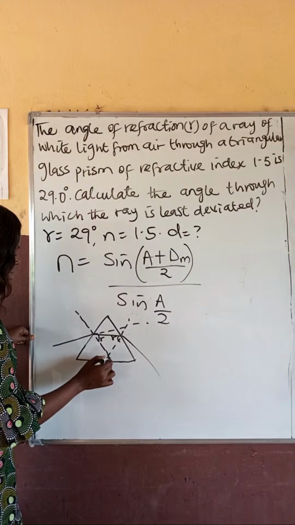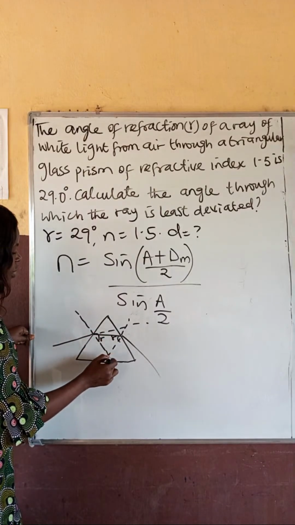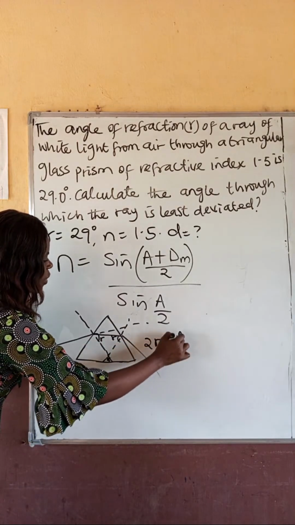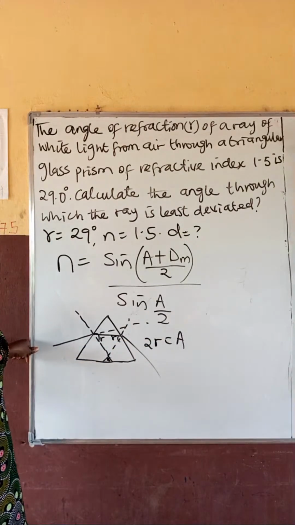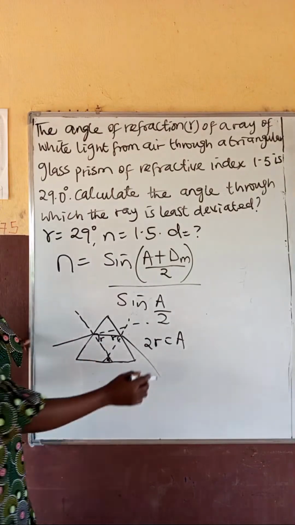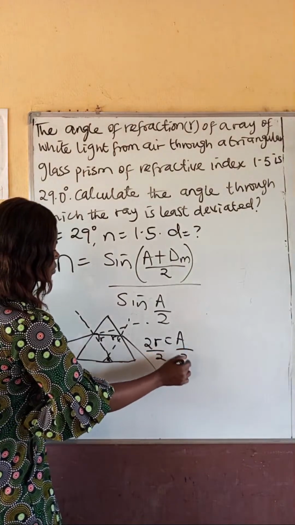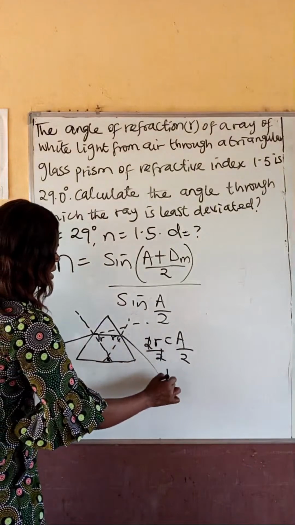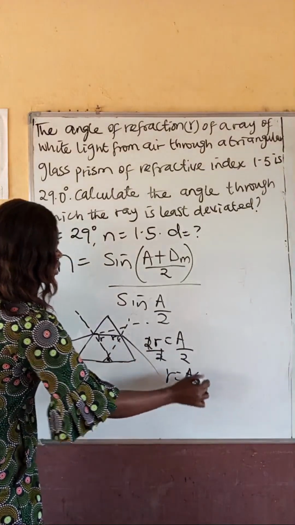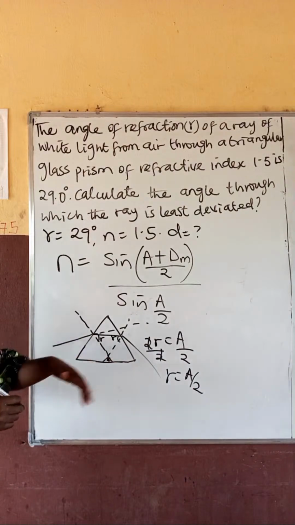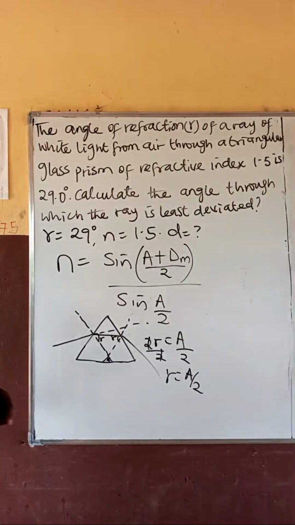And I told you that two interior angles are equal to one exterior angle, right? 2R is equal to A. So because you're looking for R, I divide both sides by 2. You know what it means? It means that R is equal to A over 2. Is that clear? R is equal to A over 2. All right. So let's proceed.